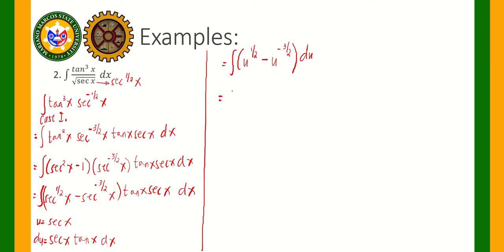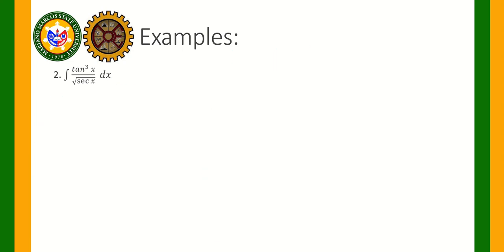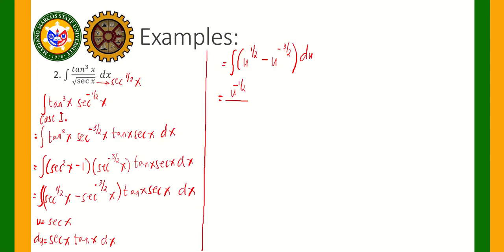So this will be equal to u raised to 1/2 all over, u raised to negative 1/2. Okay? No, it's positive. Kasi 1/2, that is 1/2 plus 1. So 3 over 2. All over 3 over 2 minus u raised to negative 3 over 2 plus 1.